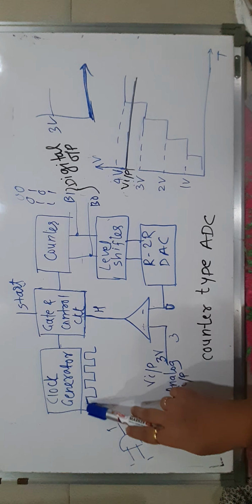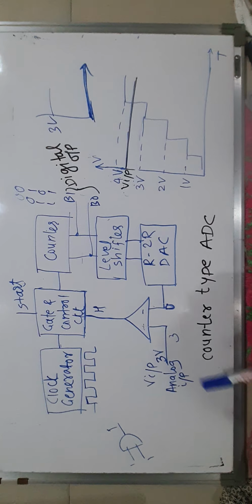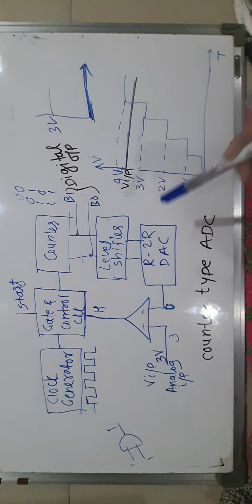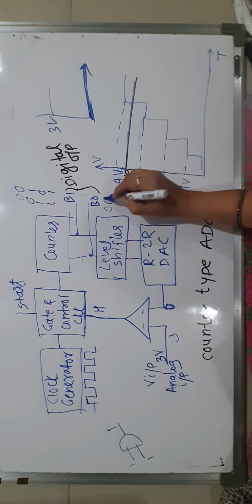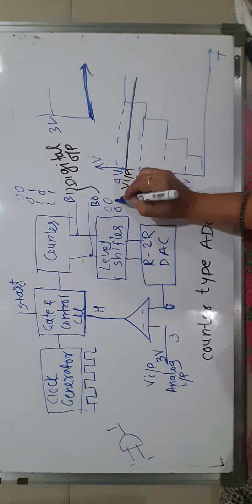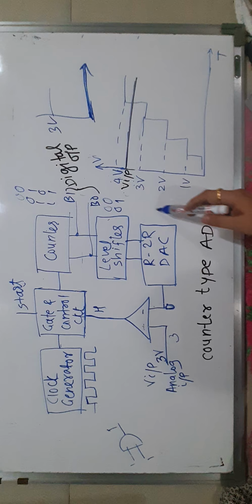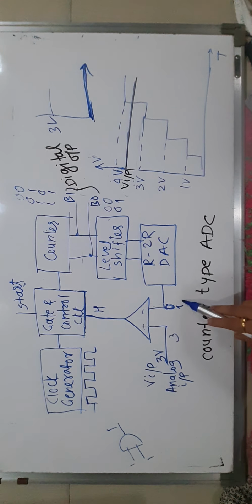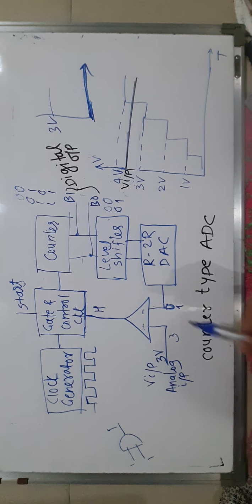The clock generator will generate a high pulse, so the gate and control circuit will give a pulse to the counter, so the counter will start counting and get incremented by 1. Initially the counter was 00, so it will turn into 01. Now this 1 is in digital form, it is converted into analog form and given here. Now 3 and 1 are compared, again the output of the comparator will be high because the voltage is still more.